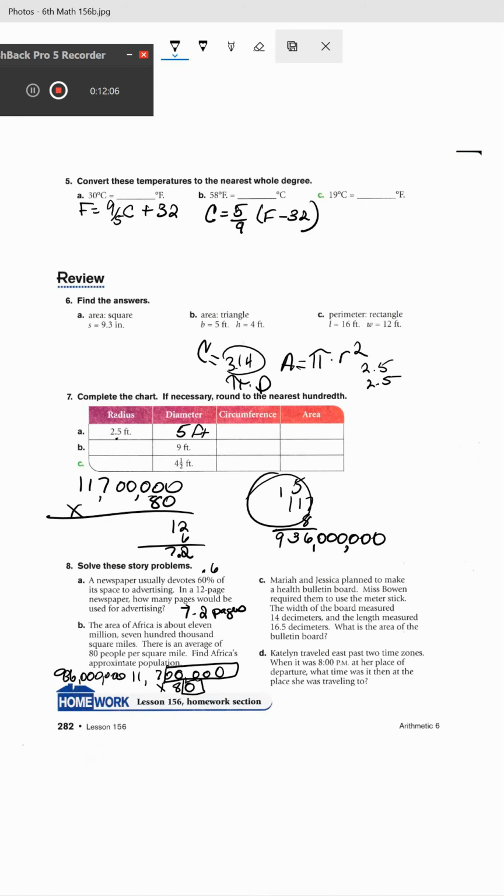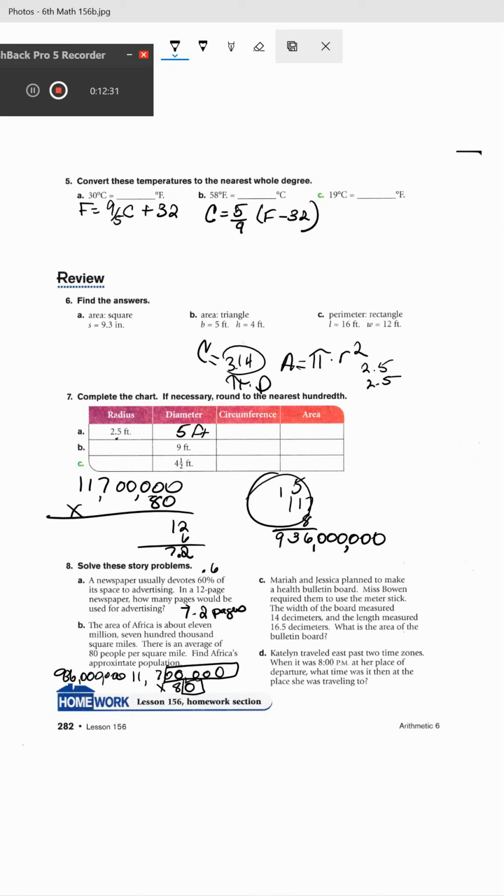So much easier. All right, Mariah and Jessica planned to make a health bulletin board. Miss Bowen required them to use the meter stick. The width of the board measured 14 decimeters, and the length measured 16.5 decimeters. What is the area of the bulletin board?